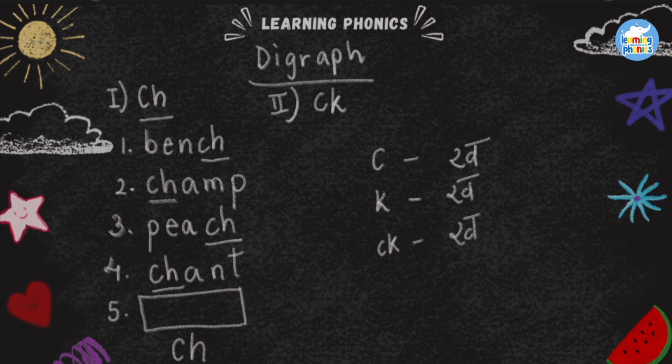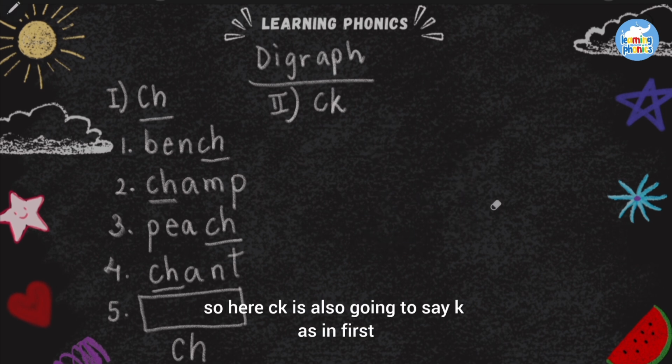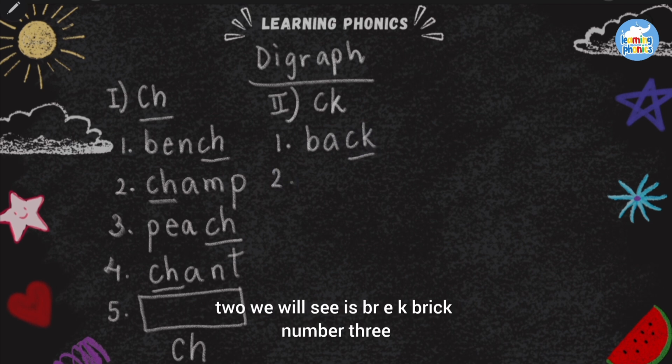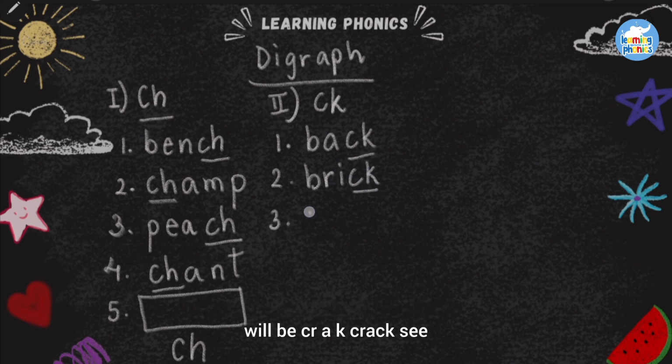Okay, so here CK is also going to say the same sound. As in the first one we will see is back. All right. Number two we will see is brick. Number three will be crack.